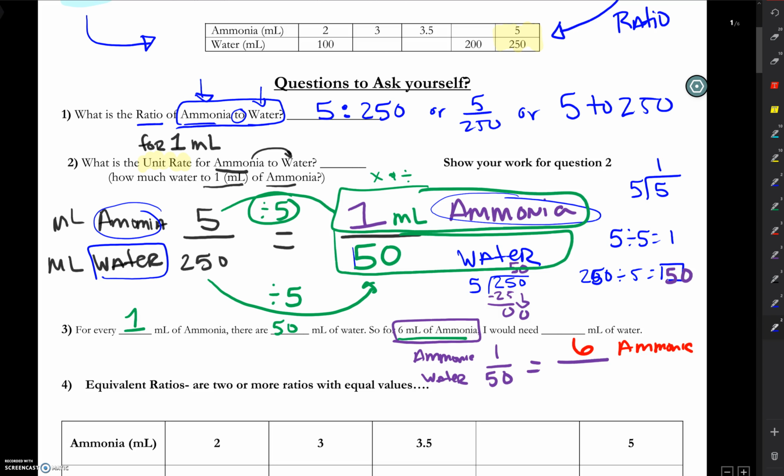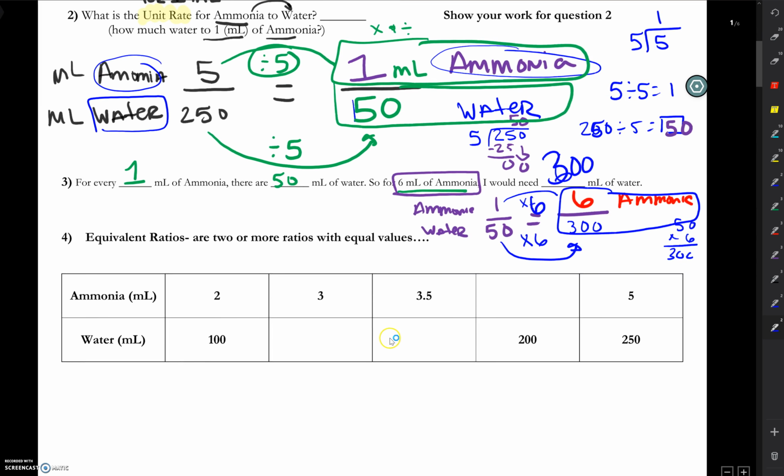So how do I go, multiplying or dividing? Would I multiply or would I divide to get to 6? Well, I would multiply. I would multiply 1 times 6 and I get 6, and 50 times 6 and I get 300. So if I had 6 milliliters of ammonia, I would have 300.